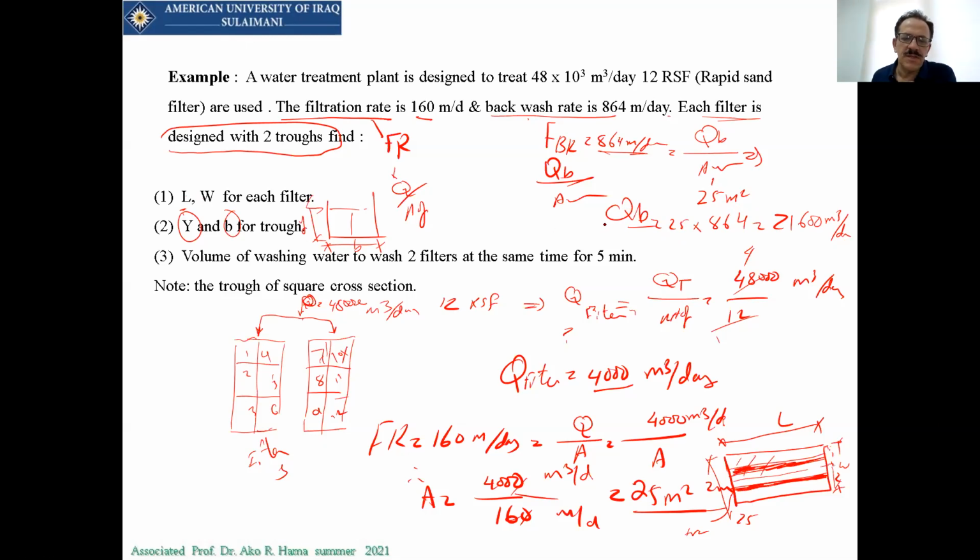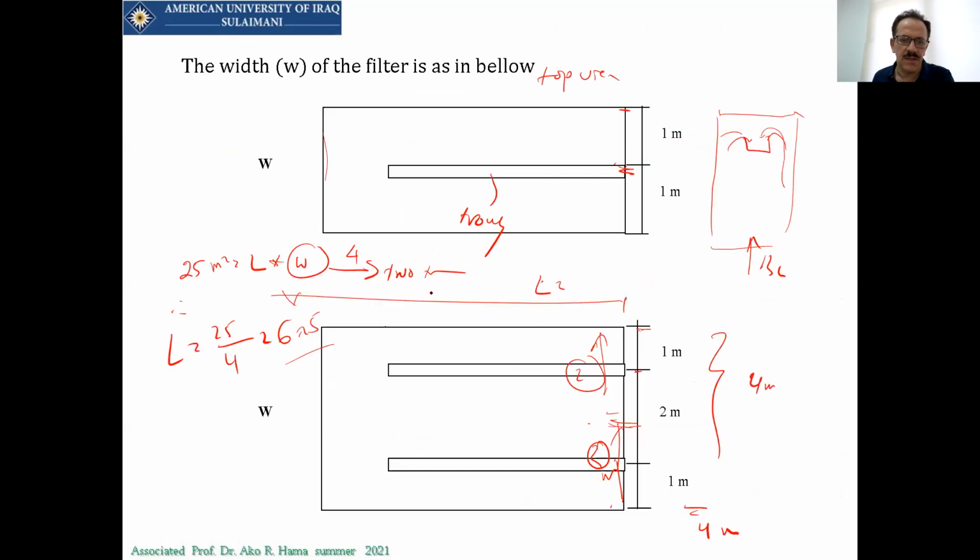Now, how much of this water will come in each trough? This should be divided by 2 because we have two troughs. As it's given to you, we have to use two troughs. It means this is the cross-sectional area of that.